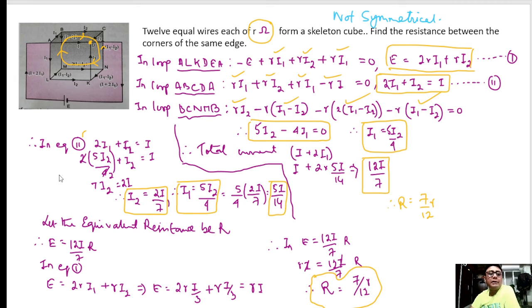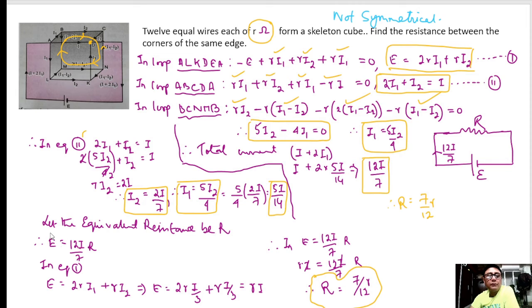Now let the equivalent resistance be R. So see how to draw. I will take it like this. This is the equivalent current coming out, which is 12I by 7, and this is the E. So then how will I write?